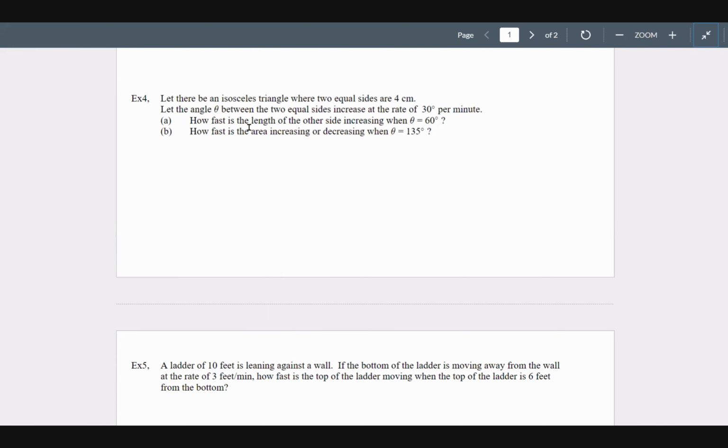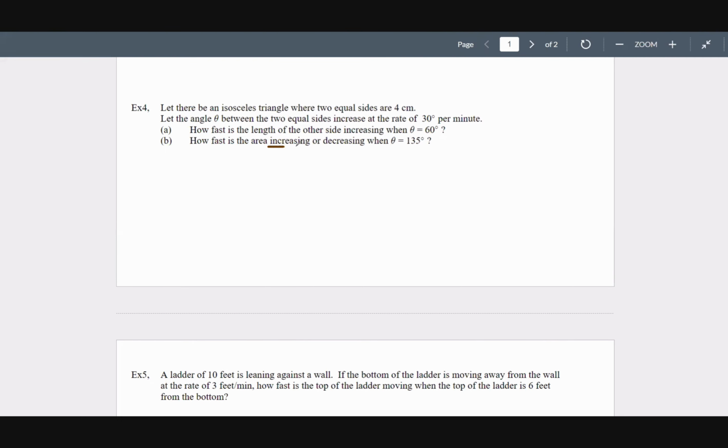Part A, how fast is the length of the other side increasing when theta is 60 degrees? Part B, how fast is the area increasing or decreasing when theta is equal to 135 degrees? Now in part B, I will not say whether it's increasing or decreasing.